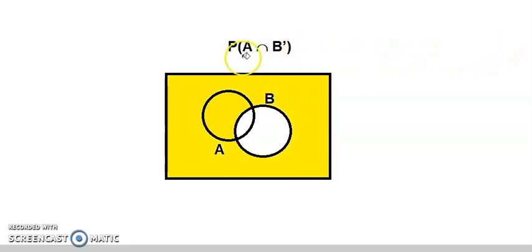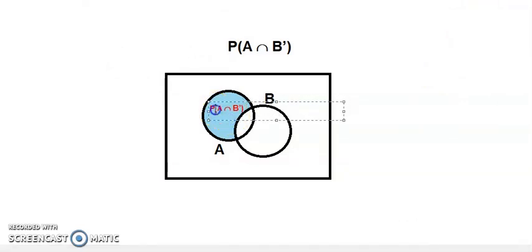Now we want to find the intersection between A and B prime, the part of A that overlaps with B prime. If you look at the yellow area here, where is the overlap area for these two? This is A and this is B prime, so this is the area. Let's say I put blue color here. That is area A intersect B prime.